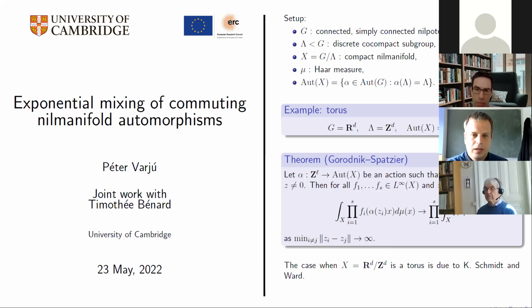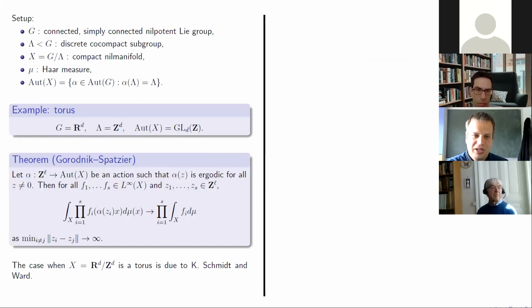So on this theorem, is there a specific bound on the rate of convergence? Yes, that's exactly what I'm going to talk about in the talk. Yes, they proved the rate. They proved an exponential rate, but only up to mixing of orders at most 3.